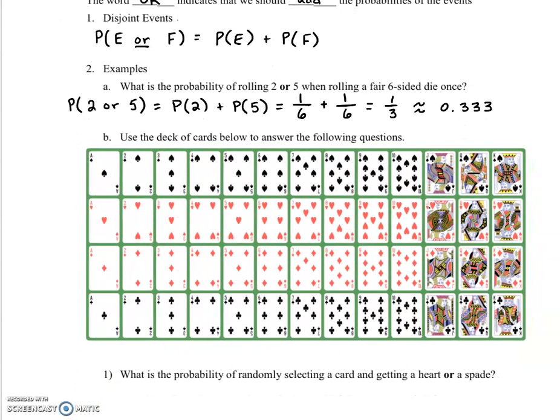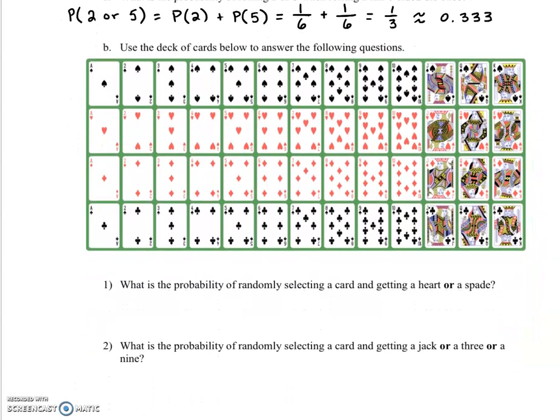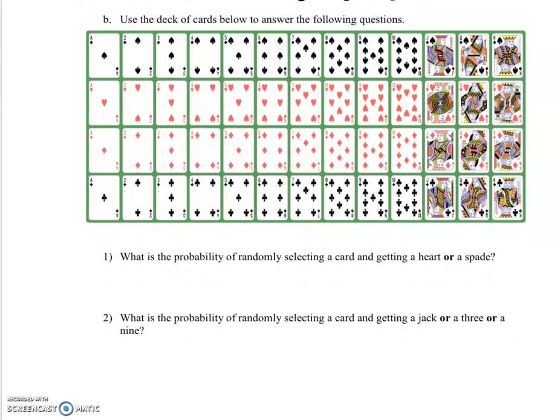Okay, let's look at another example, this time using a deck of cards. And I've provided a picture of a deck of cards in case you don't know what's in it. So the important thing is there are 13 of each suit. The suits are spades, hearts, diamonds, and clubs.